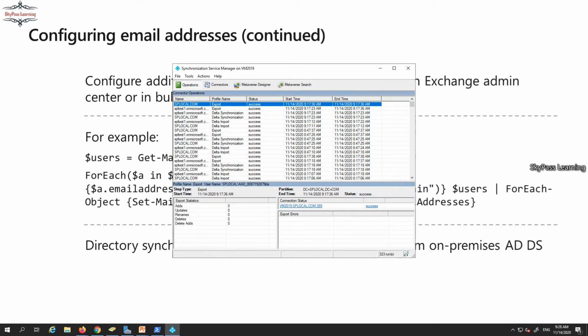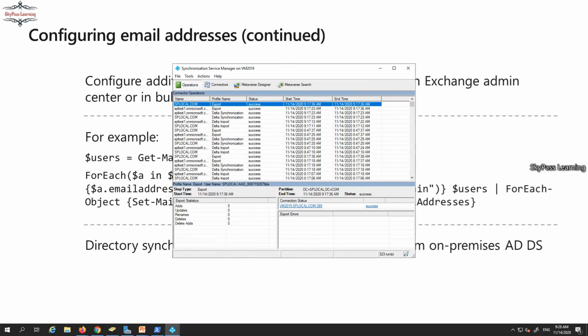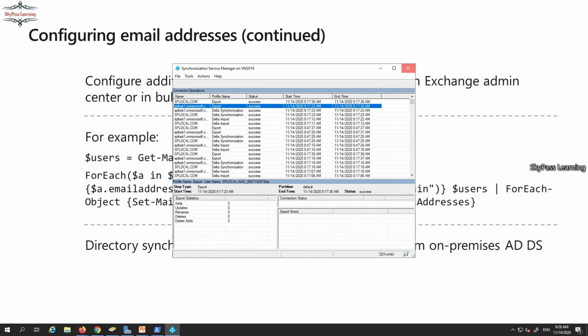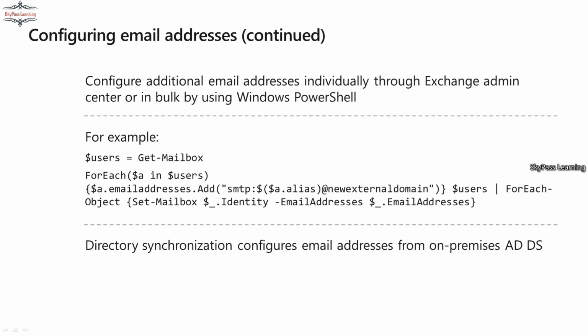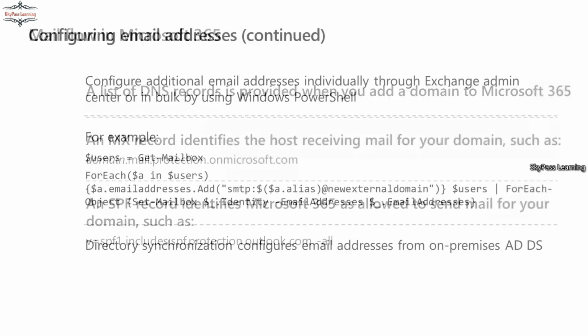I configured that in the second part of this video, and now the syncing is working successfully. If there is an error message, then I have to figure it out and fix that. So you can take care of that and add these email addresses as per your requirement.